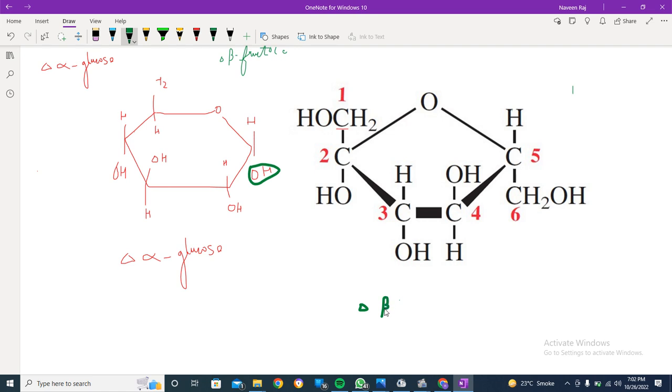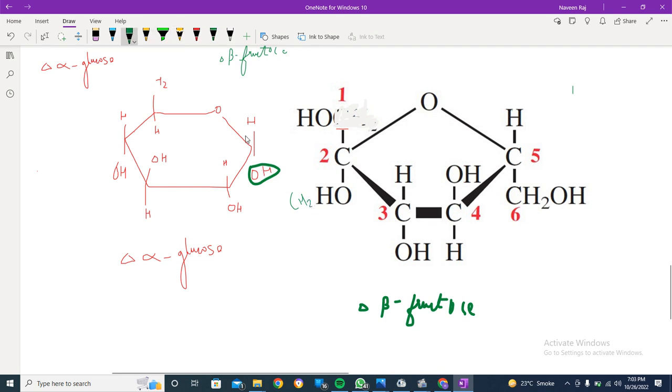This is the alpha structure made. OH will come over here, and CH2 is not here because this is beta. We remember that in beta, OH is up. OH is here, and then CH2OH.